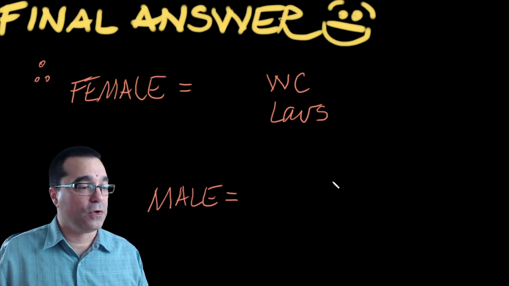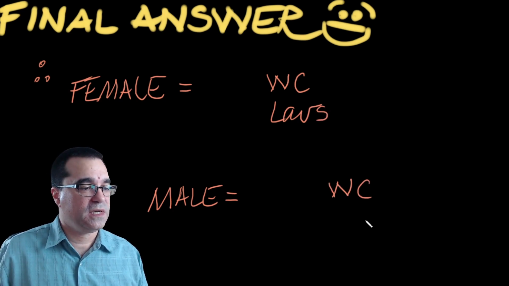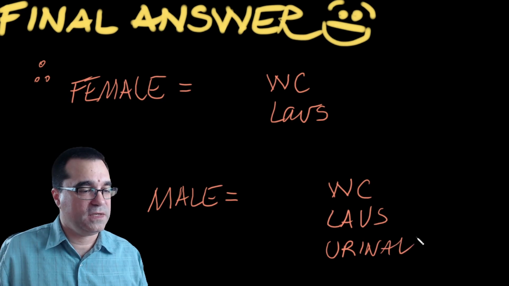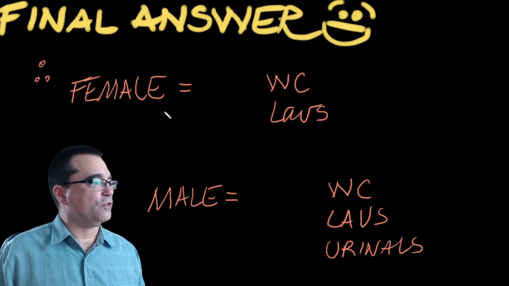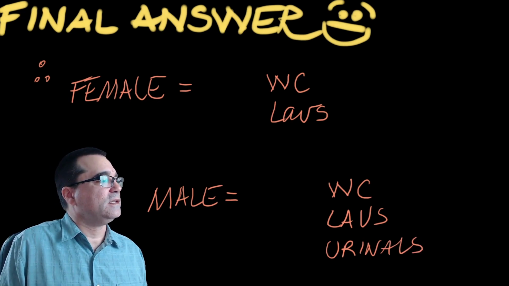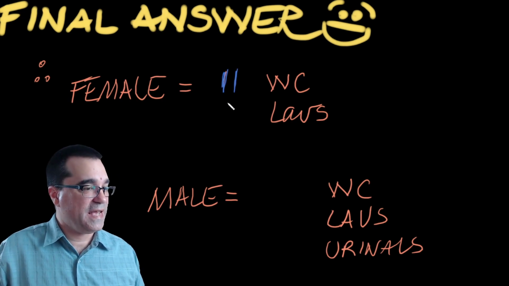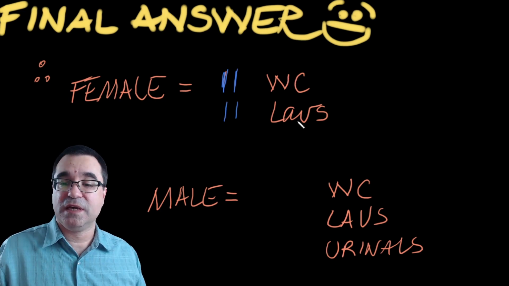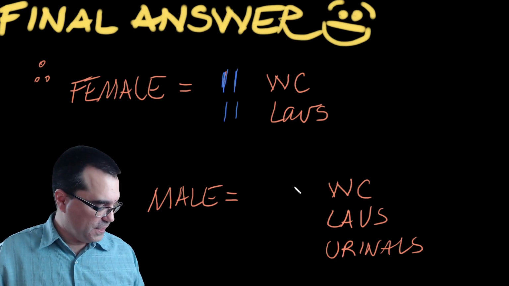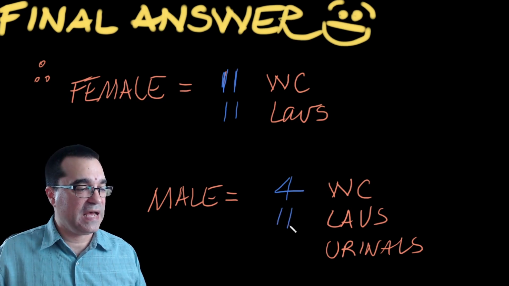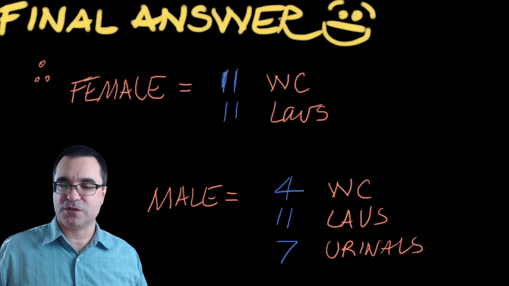For the male, we're going to have water closets, lavatories, and urinals. These are the answers we're going to get. So for females, we're going to have 11 water closets and 11 lavatories. For male, we're going to have 4 water closets, 11 lavatories, and 7 urinals.